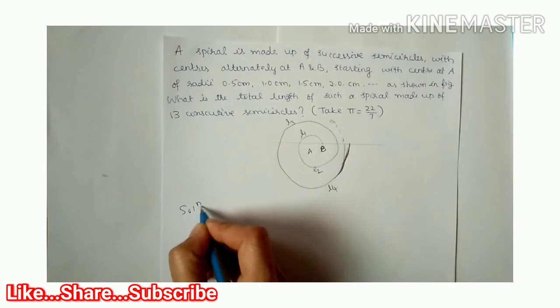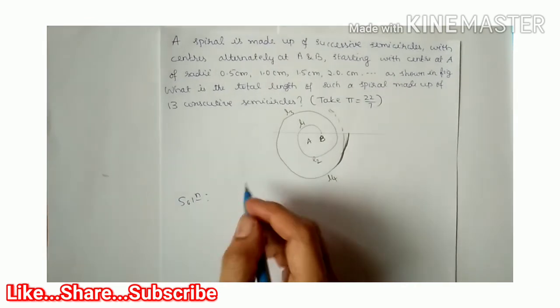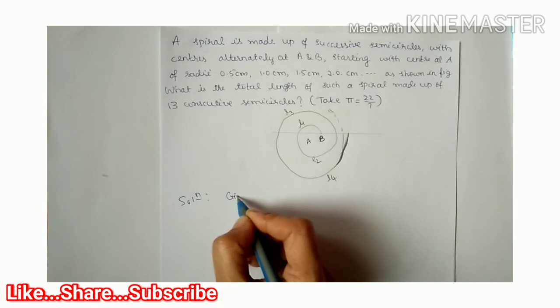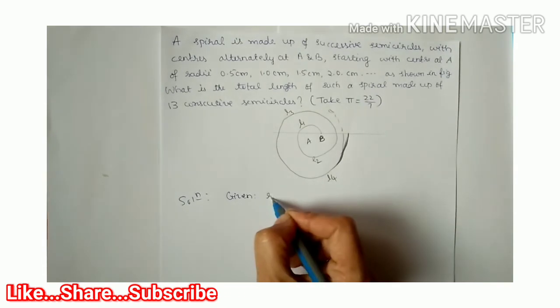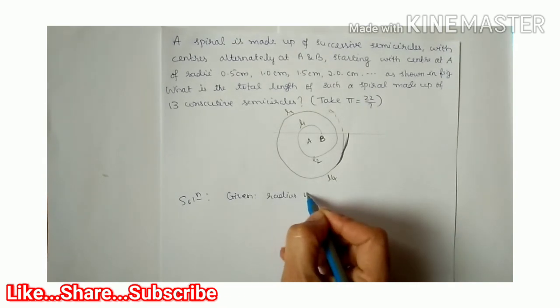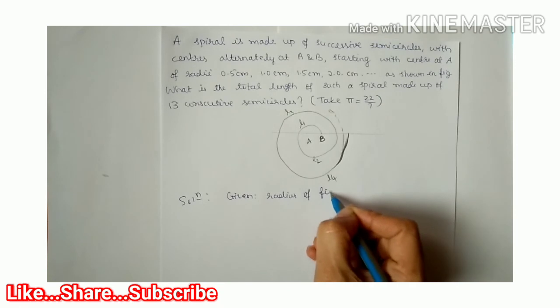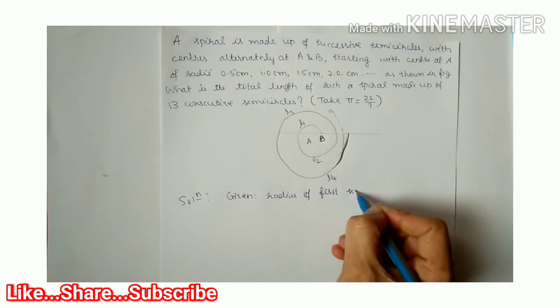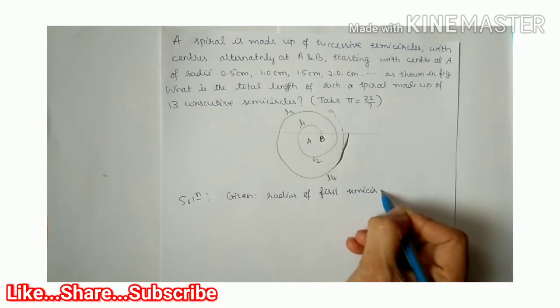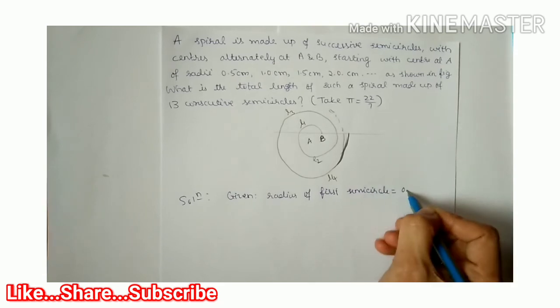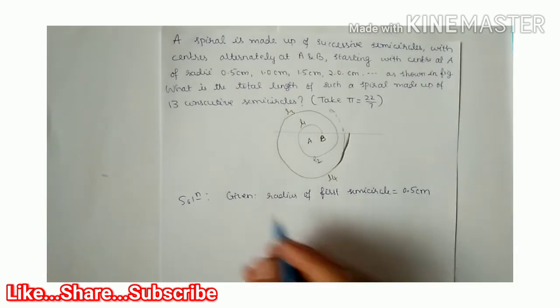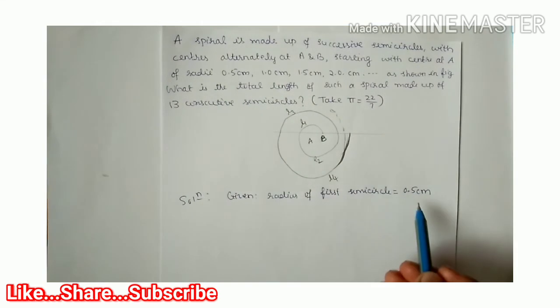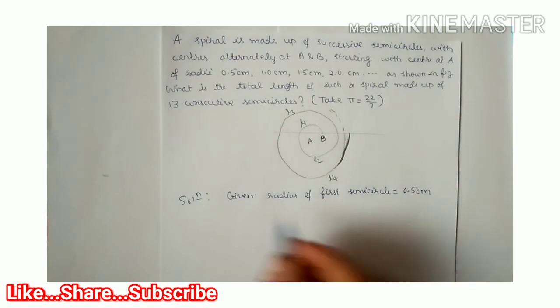Solution. Given radius of first semicircle is 0.5 cm.